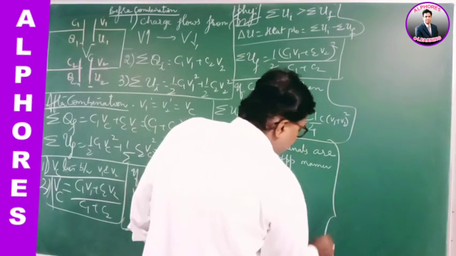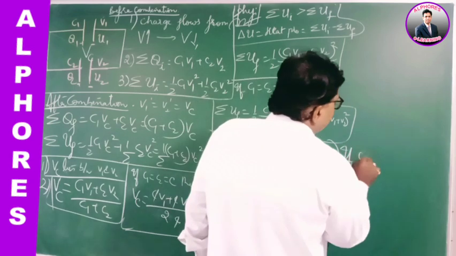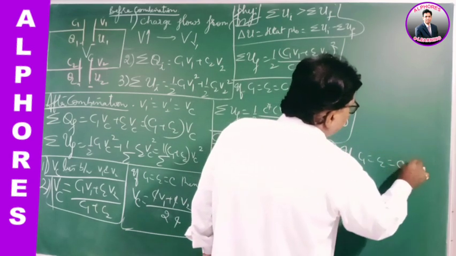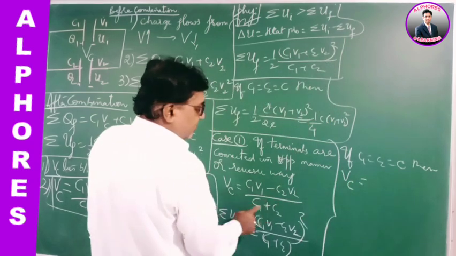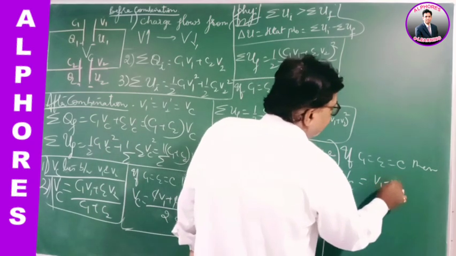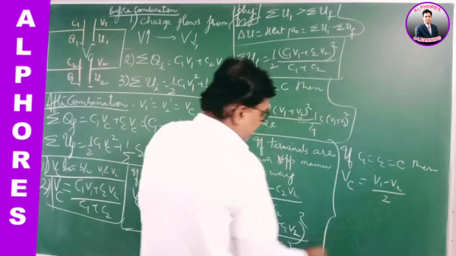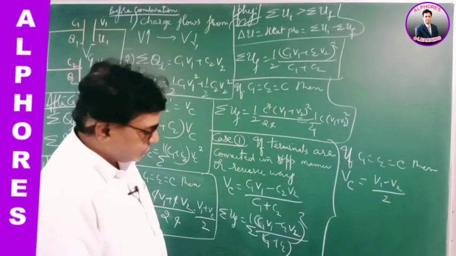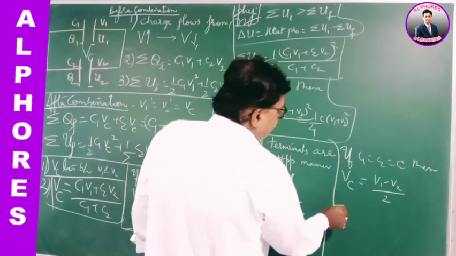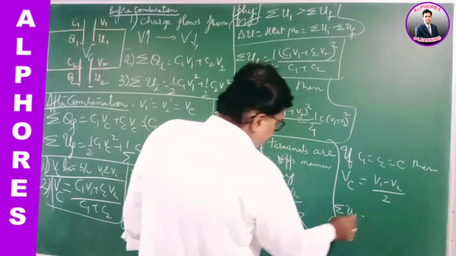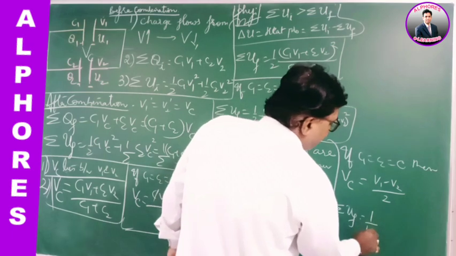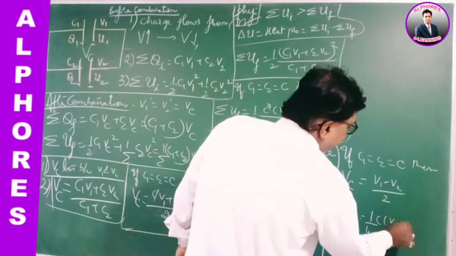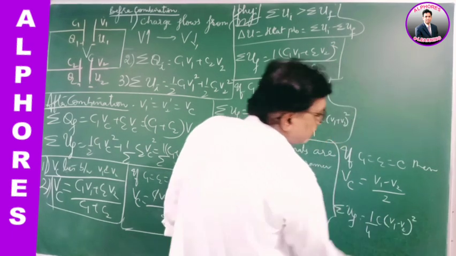Similarly, in this one also, if C1 is equal to C2 is equal to C, then the common potential will be (V1 minus V2) by 2. The total final energy, taking C common outside, will be 1 by 4 C (V1 minus V2) whole square.